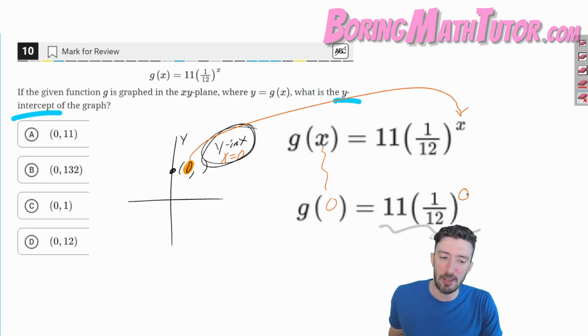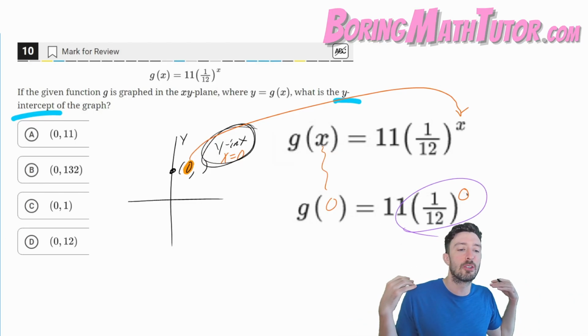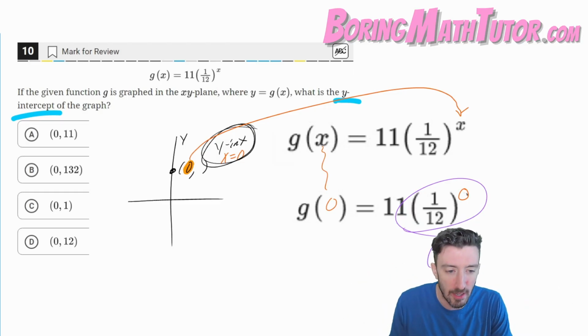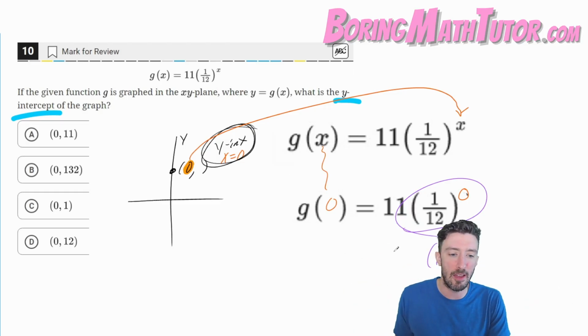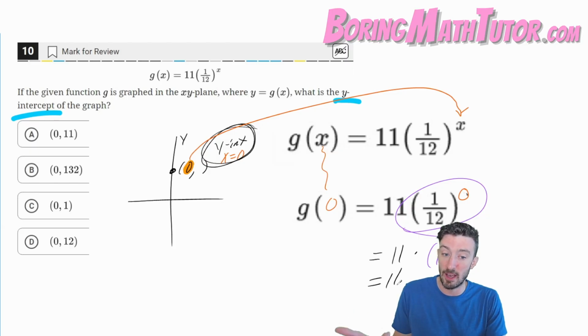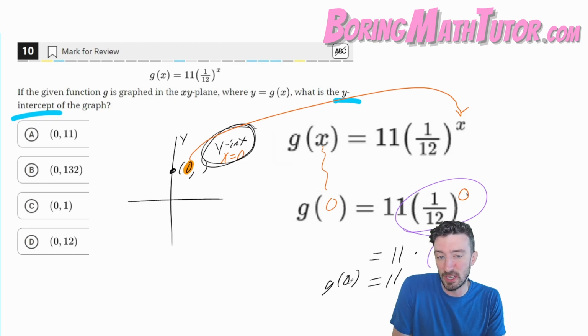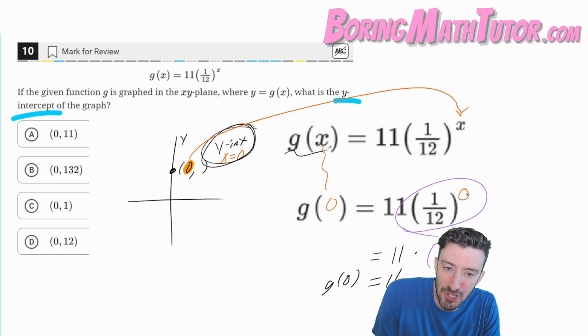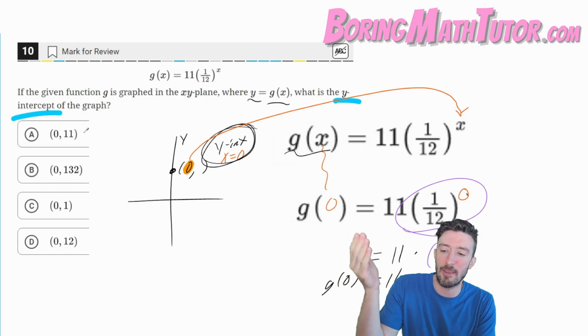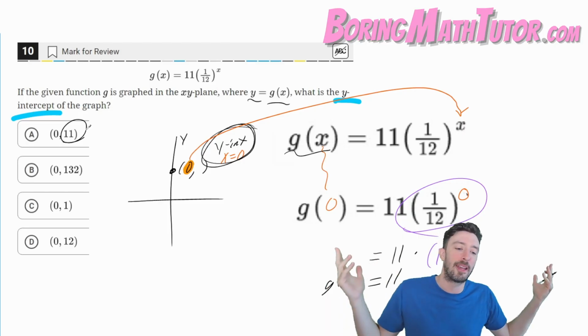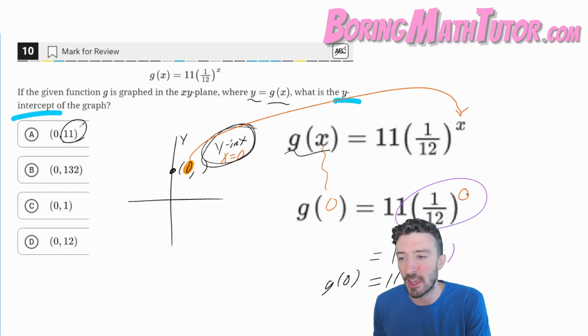Well, if you go into your calculator, you will find out that something raised to the 0 is 1. So that means I now have 11 times 1, which is 11. And because that is equal to g of 0, and g of x means y, that means 11 should be my y. You probably already knew that 5 seconds ago.